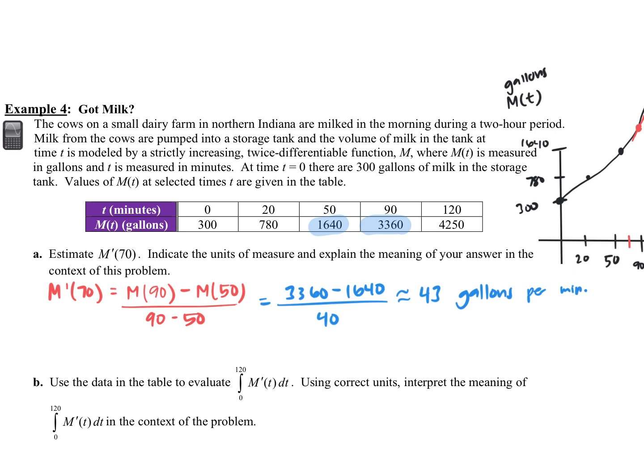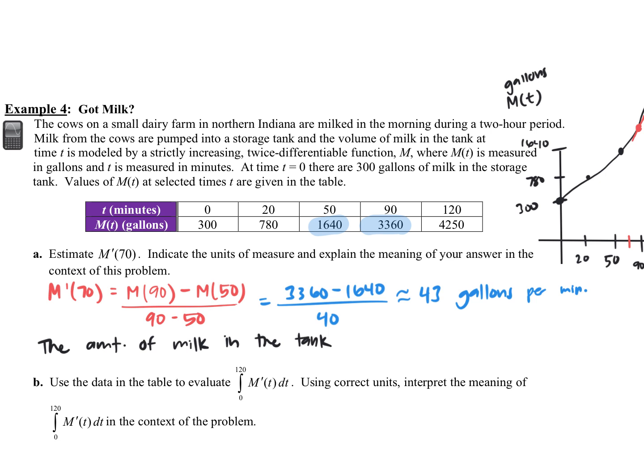Okay. Now it asks us to explain the meaning of this answer in the context of the problem. So I need to tell what is the time that it's happening at, and then what is it changing by. So our amount of milk in the tank, if we're talking about a derivative, it's either increasing or decreasing at a rate.